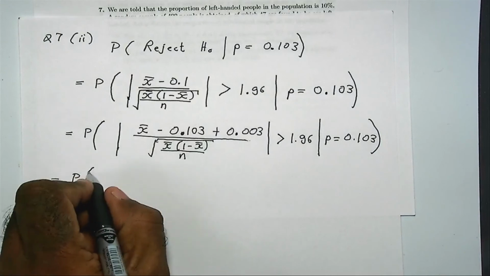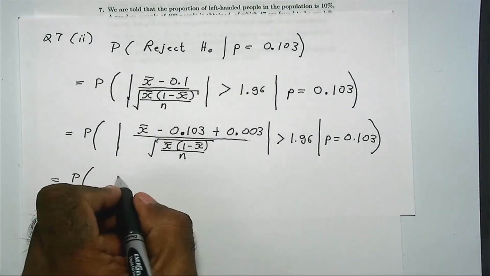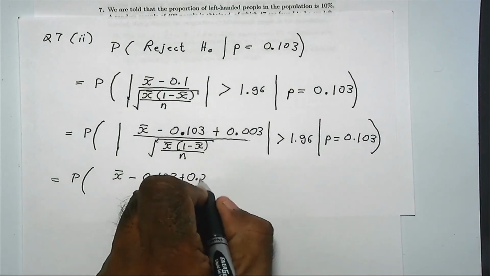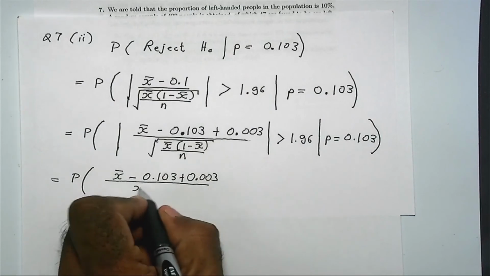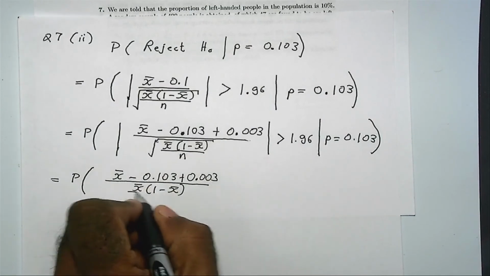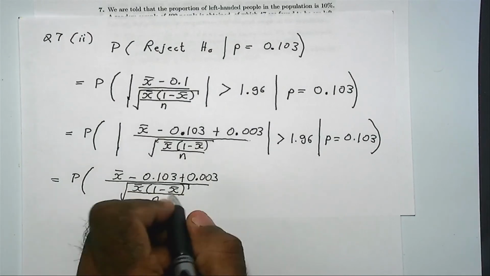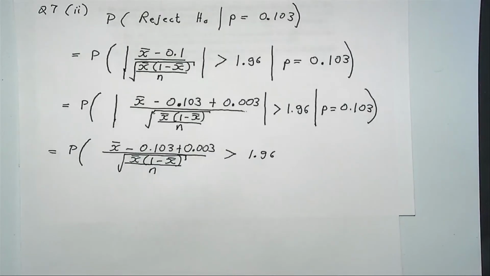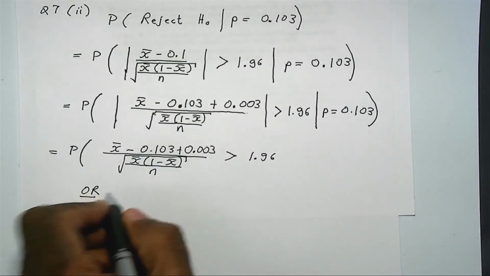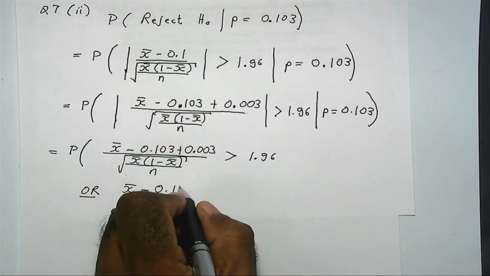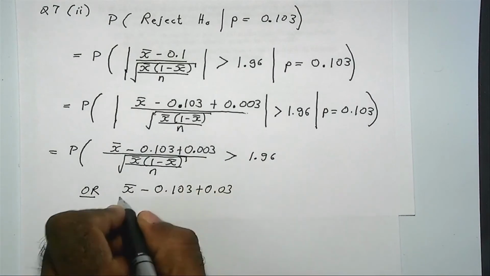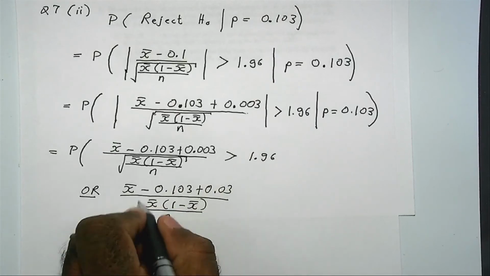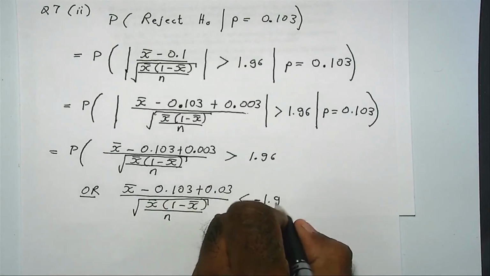So this will be, without the absolute sign, either greater than 1.96, right, or less than minus 1.96, right?